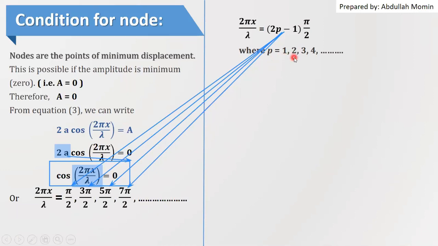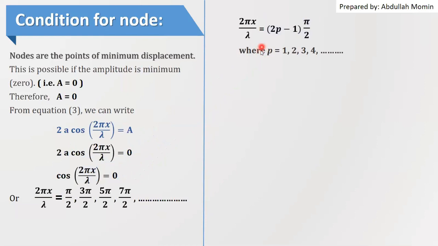When we put the value of P as 2, we will get 3 pi by 2, and so on. So the sequence pi by 2, 3 pi by 2, 5 pi by 2, 7 pi by 2, in general, can be written as (2p minus 1) pi by 2.